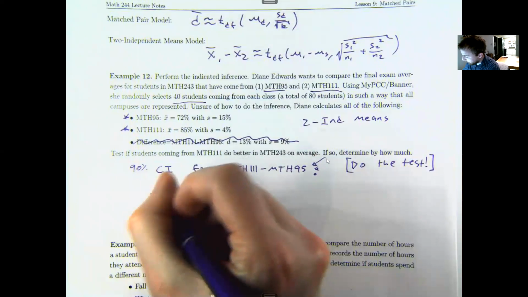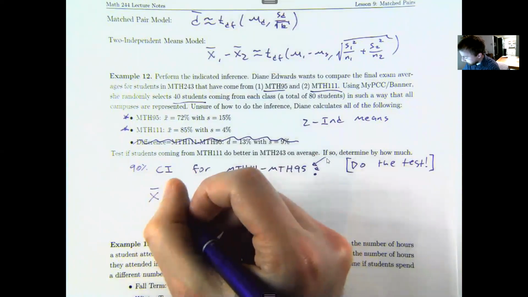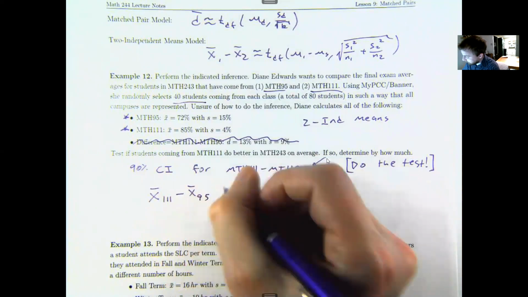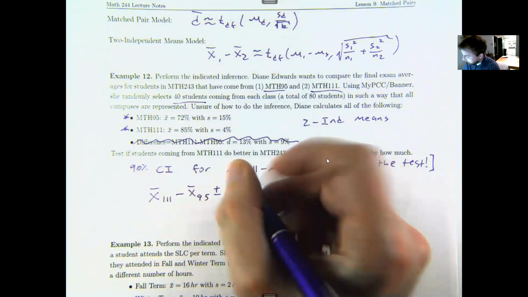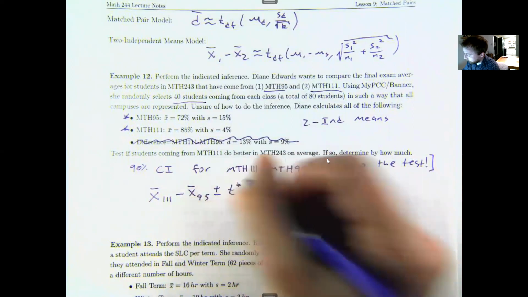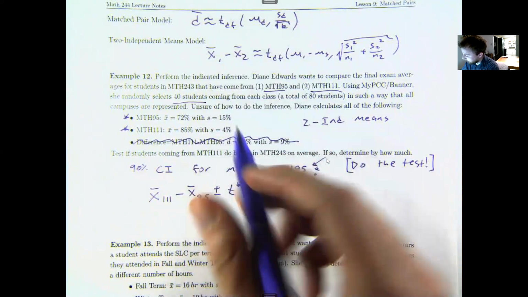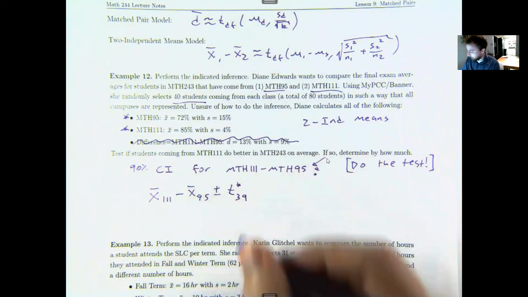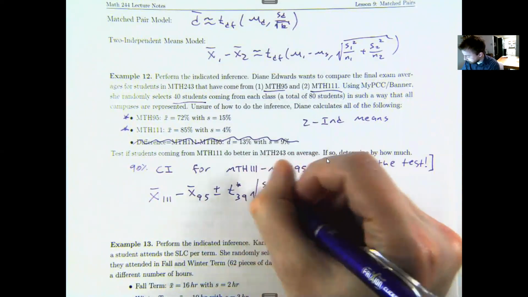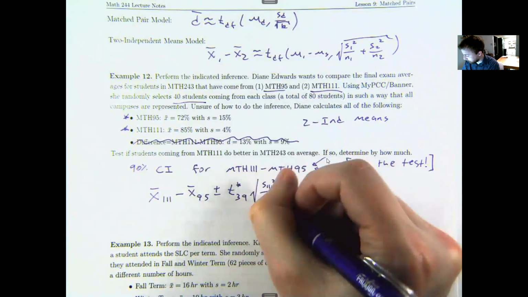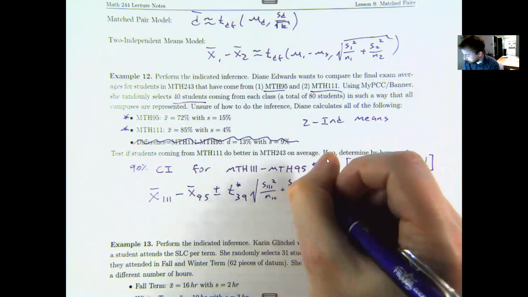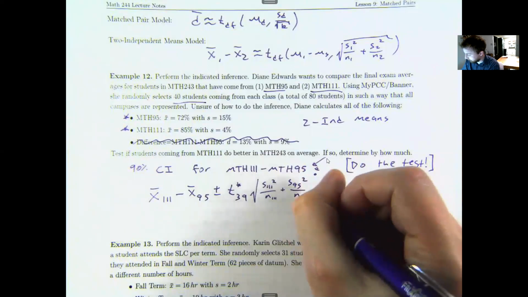So my formula here is going to be average of the first group minus average of the second group plus or minus my t-score, and I have a degree of freedom of 39, times the square root of first standard deviation squared over n, plus second standard deviation squared over n.